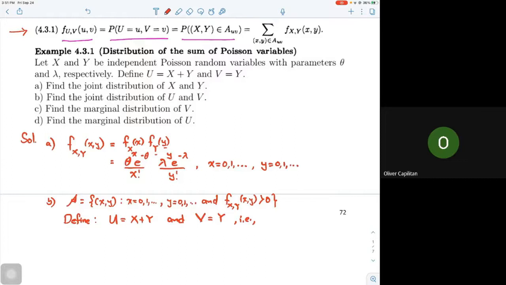So our u, that is g sub 1 of X, Y, is now equal to x plus y.